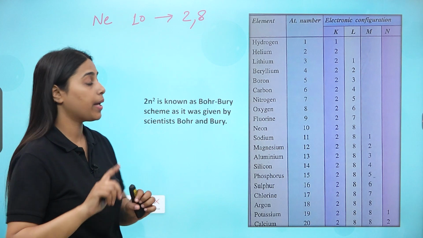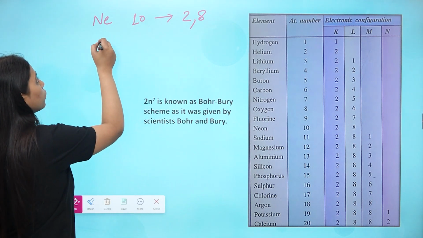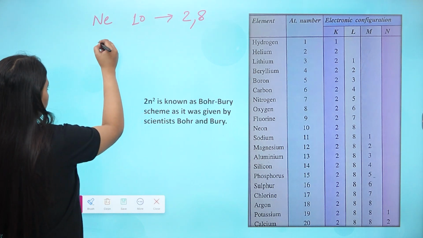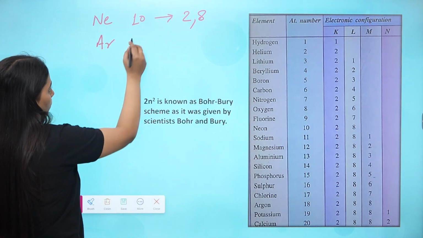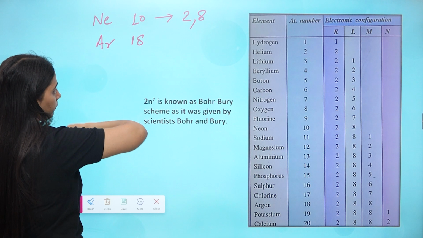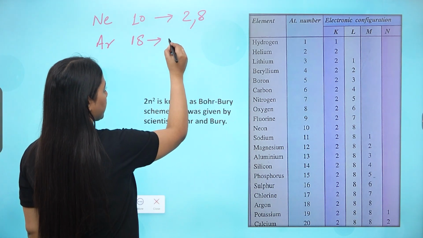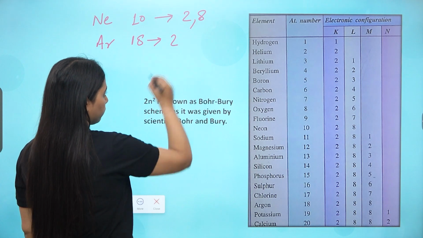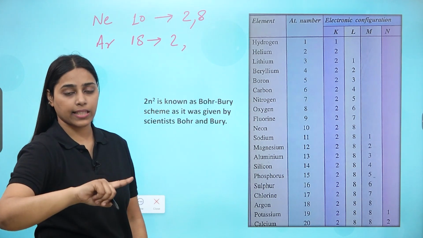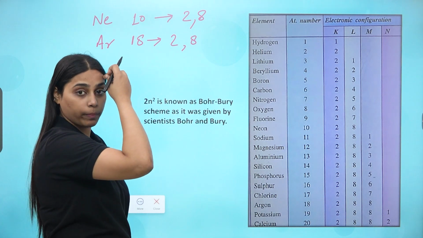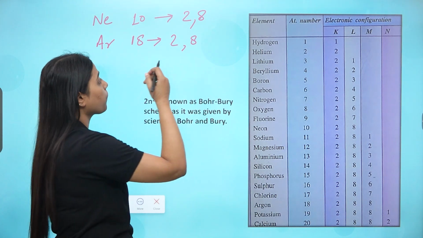Everything is justified. But as you move on, after reaching argon, argon has atomic number 18. Its configuration you will write: the first shell will have 2 electrons. The second shell can have a maximum of 8 electrons according to the Bohr-Bury scheme, the 2n square formula.